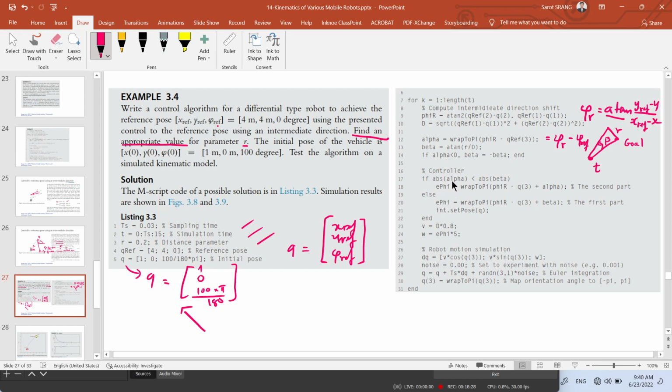If the absolute value of alpha is less than the absolute value of beta, we define phi r plus alpha, which is phi t, so phi t of t minus phi of t. This one is the intermediate direction, and this one is the instantaneous direction.